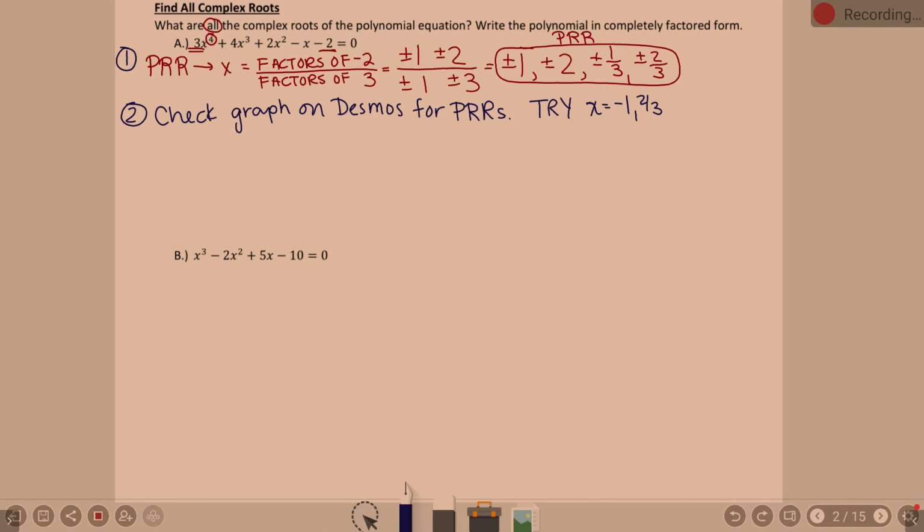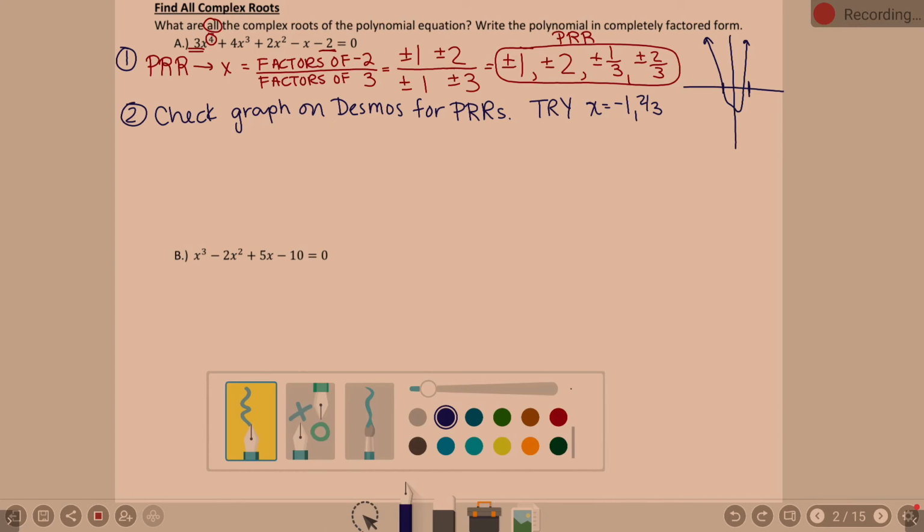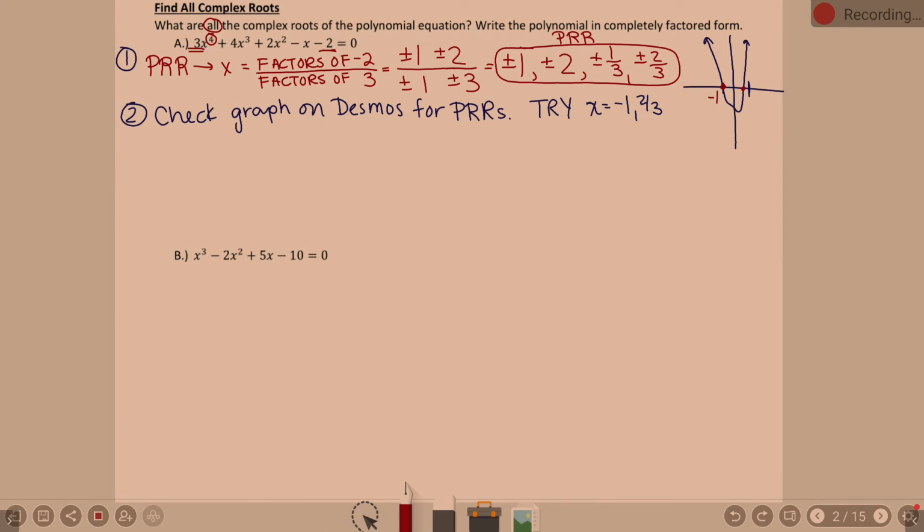And very small over here, I'm going to sketch a graph. My graph looks something like that, right? It looks like that might be -1 and that one might be 2/3. That's what we're guesstimating, and that's why we're trying -1 and +2/3.